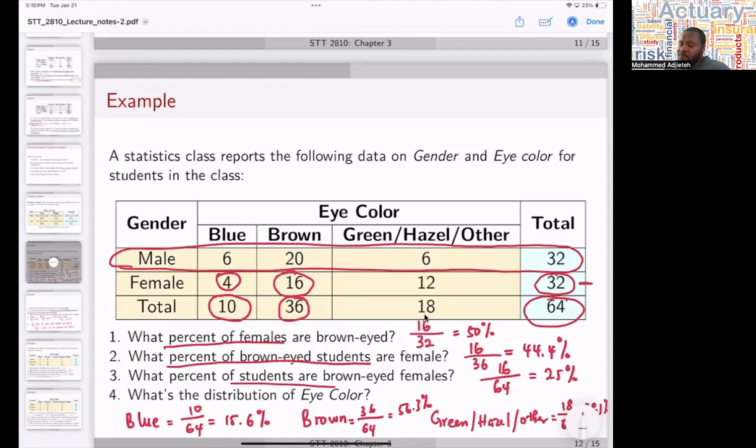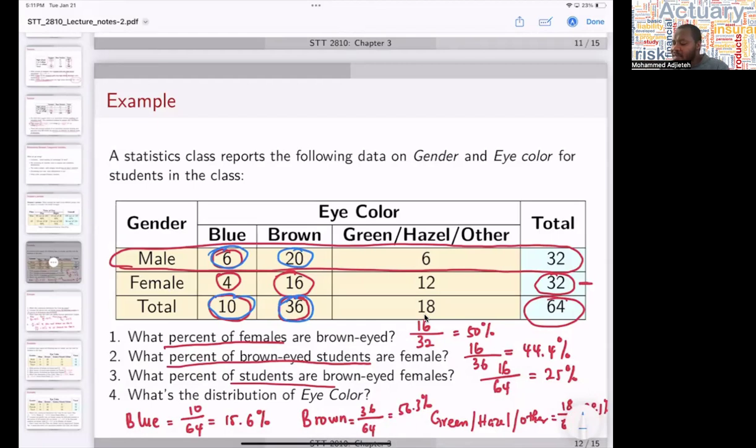I repeat again. Let me use a different color. Let me use blue. So 6 out of the 10 people who have blue eyes are male. We can also see that 20 out of the 36 people who have brown eye color are males.